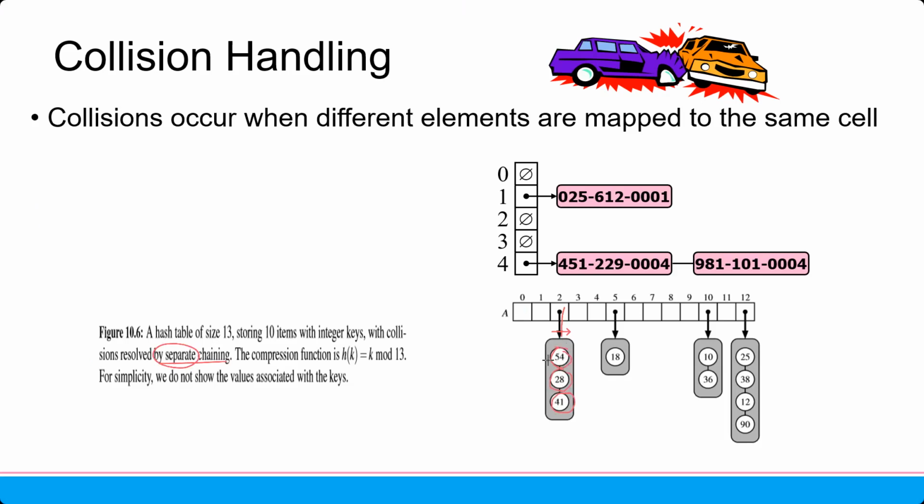The first is 54, the next is 28, and then the next is 41. In the case of index 5, we have only one; in the case of index 10, we have 2; in the case of index 12, we have 4 that are connected.